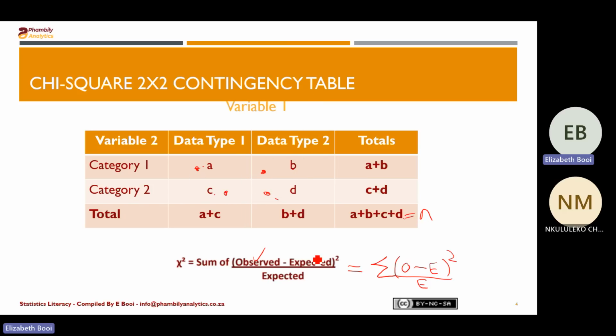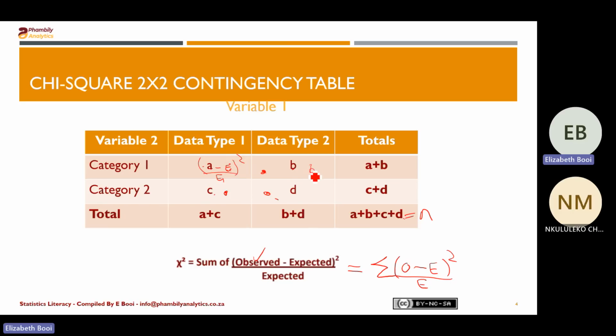And then once you have done that, you will go and sum each value. So let's call it the expected value 1. You would have calculated it there. Then you will say A minus E1, and you're going to square that, and then divide it by E1. And you do the same.